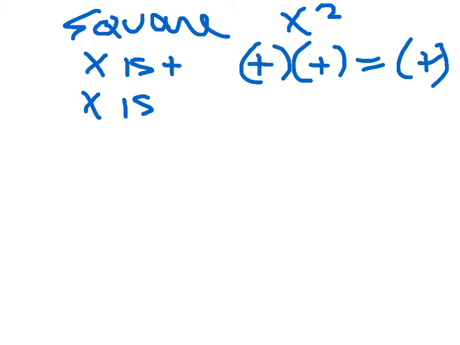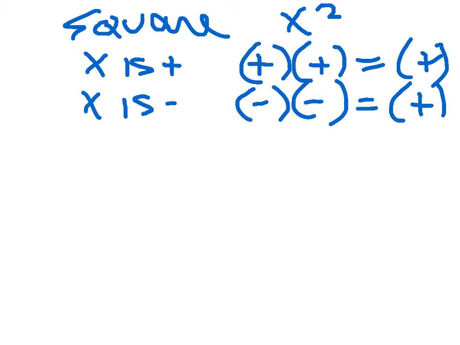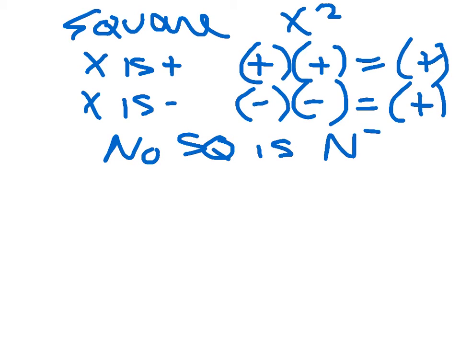If x is negative, then you have a negative times a negative, and the answer is positive. So you should understand, therefore, that you cannot get a negative. No square is negative. Okay?